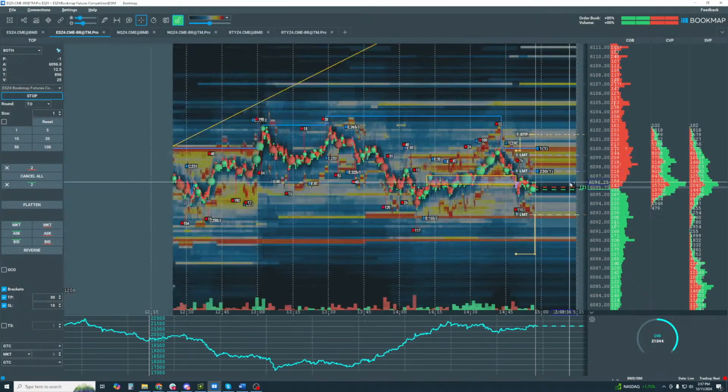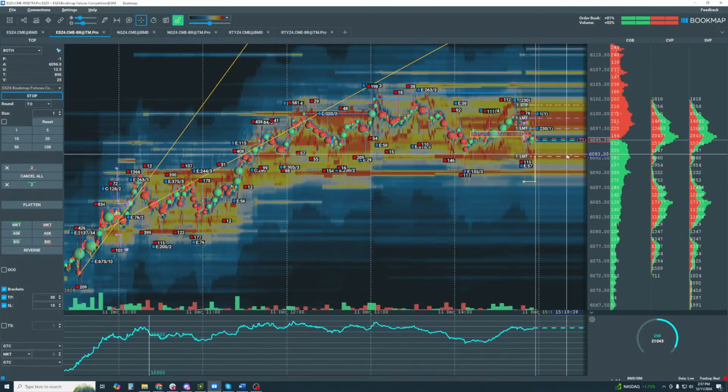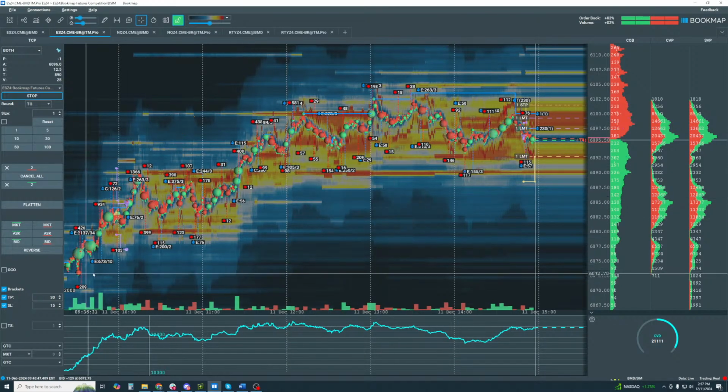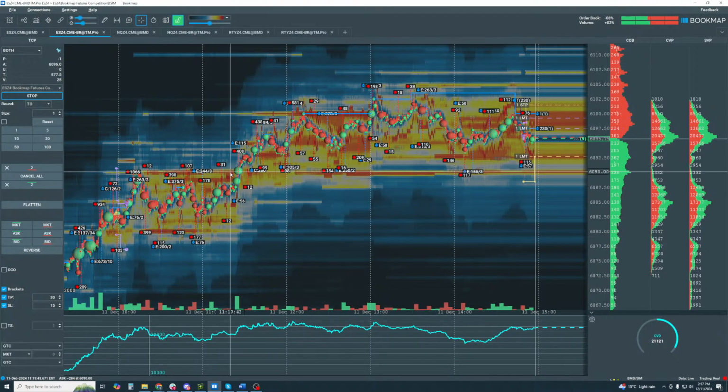All right, so Stephen, what are you looking for since we're hovering around POC right now? And after Doug's presentation, we can see that all this call buying, and then it kind of flattened out, and so did the S&P.